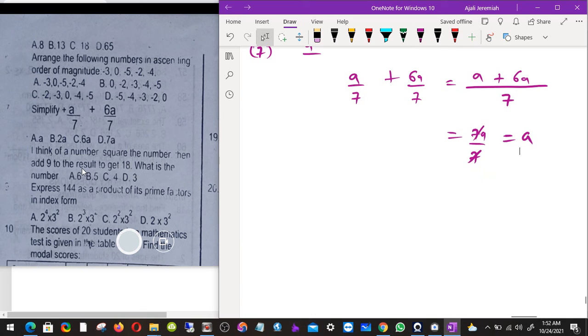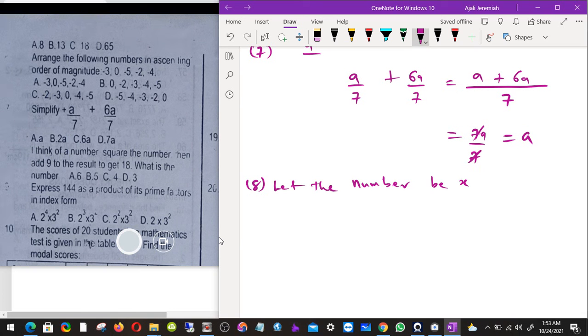Number 8. I think of a number, square the number, then add 9 to the result to get 18. What is the number? Okay, let the number be x.